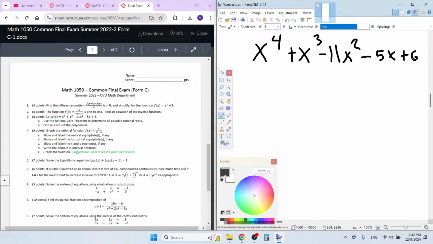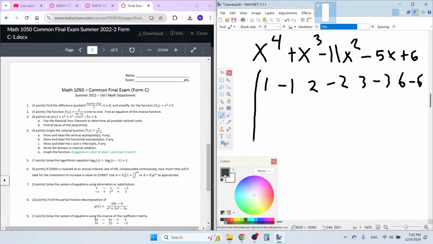And so the coefficient on our leading term is 1. Our constant is 6. So what we do is we set up a number sieve, setting all of the factors of the constant across the top. So 1, -1, 2, -2, 3, -3, 6, -6.